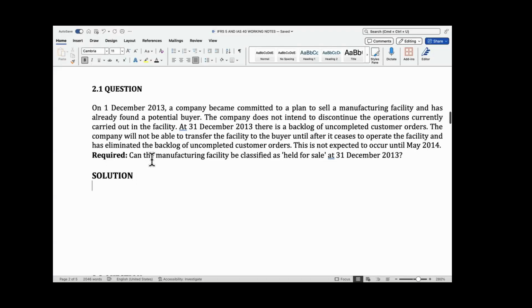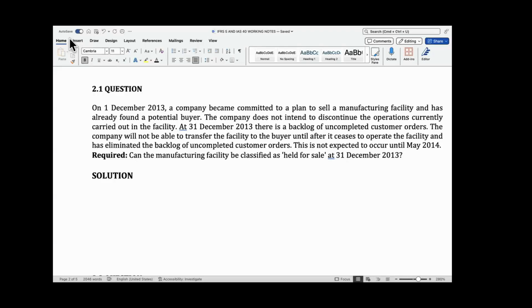On 1st December 2013, a company became committed to a plan to sell a manufacturing facility and has already found a potential buyer. The company does not intend to discontinue the operations currently carried out in the facility.